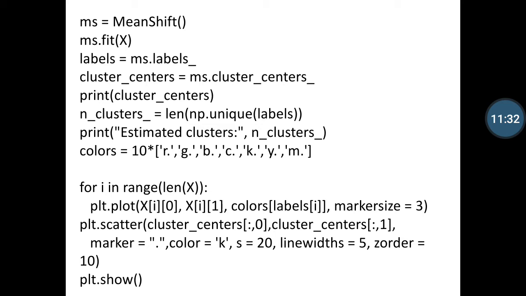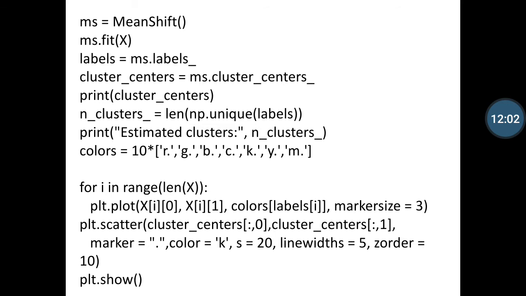Then I define a message in the program, so I write the print statement "estimated clusters" in quotes, then a comma and the variable n_clusters_, which is the length of the unique labels.